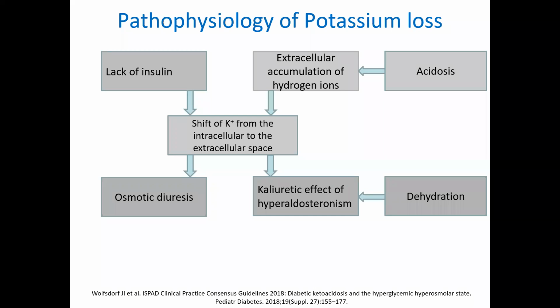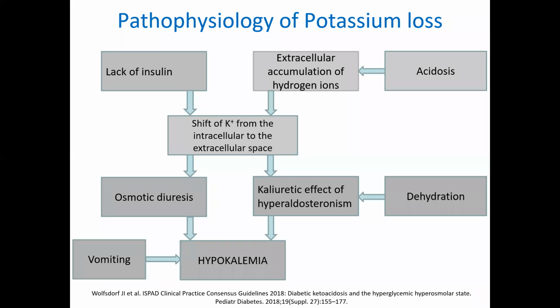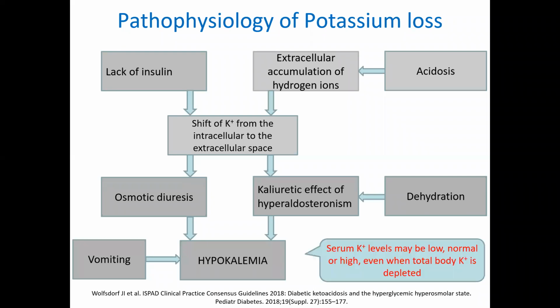So these are mechanisms by which the potassium is lost, and we end up with hypokalemia. In addition, if the patient is vomiting, then of course you'll also have gastrointestinal losses of potassium. So it's important to note that your measured serum potassium levels may be low, normal, or high, even when the total body potassium is depleted.